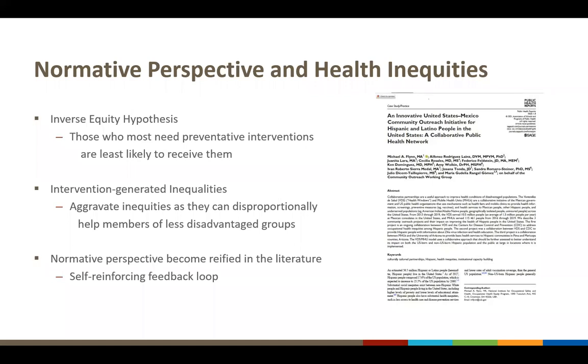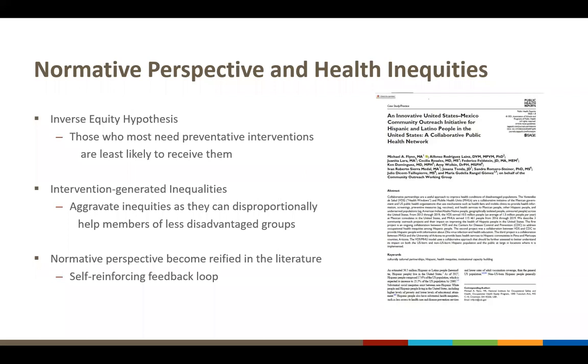And so when we don't intentionally tailor the interventions and the studies that we do to the needs of historically underserved groups, they tend to de facto be tailored to the needs of the normative group. And that's what the second presentation in this series of presentations will dig more in depth into.